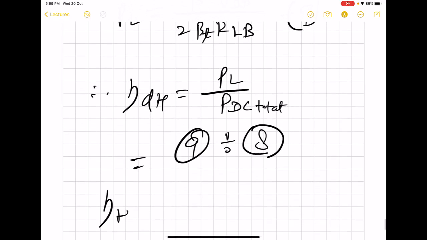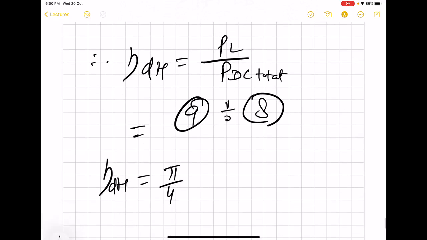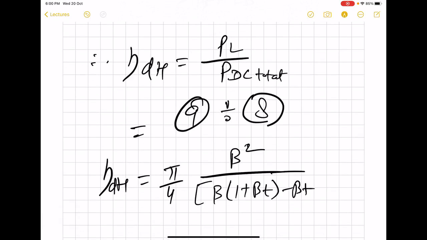If you carry out this complete analysis, the final expression will be pi by 4 into beta square divided by beta into 1 plus beta t minus beta t. So now we have the efficiency relation for both the regions.